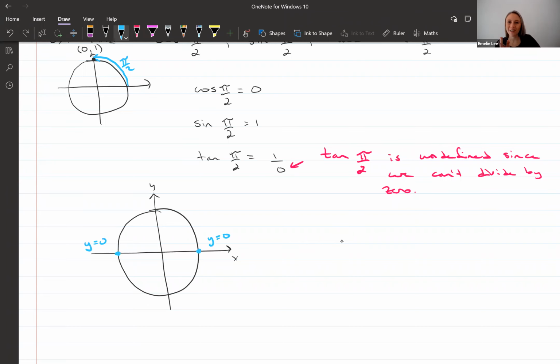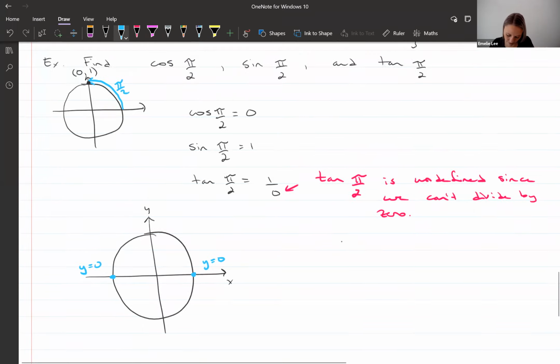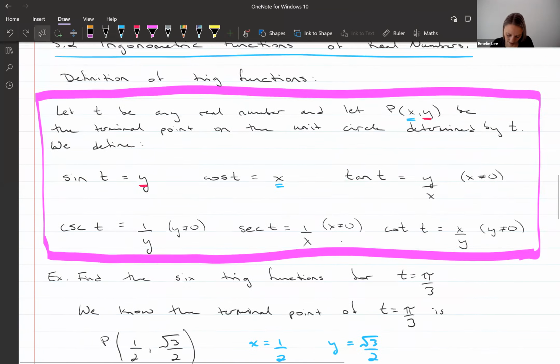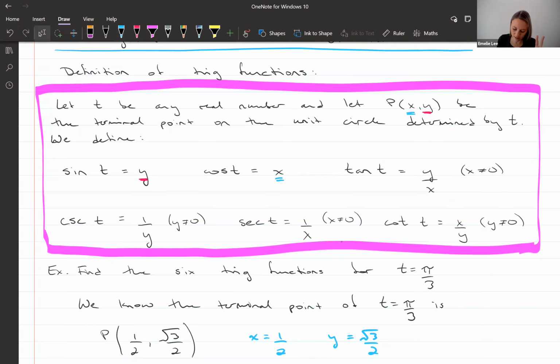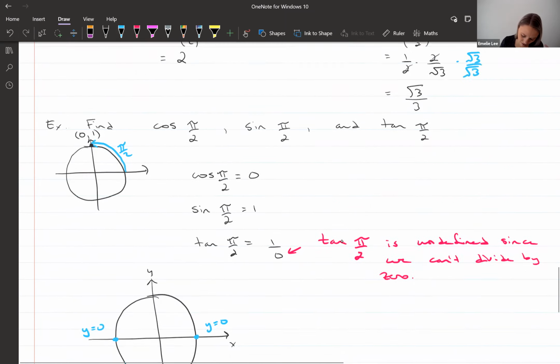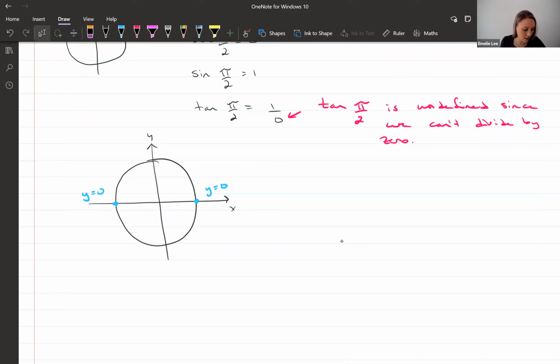So we know that there are 2 functions, scrolling back up, if y is 0, then my cosecant and my cotangent are undefined, right? And so that's something I need to keep an eye out for. But also if x is 0, then my tangent and my secant are undefined. So let's look at what that looks like.